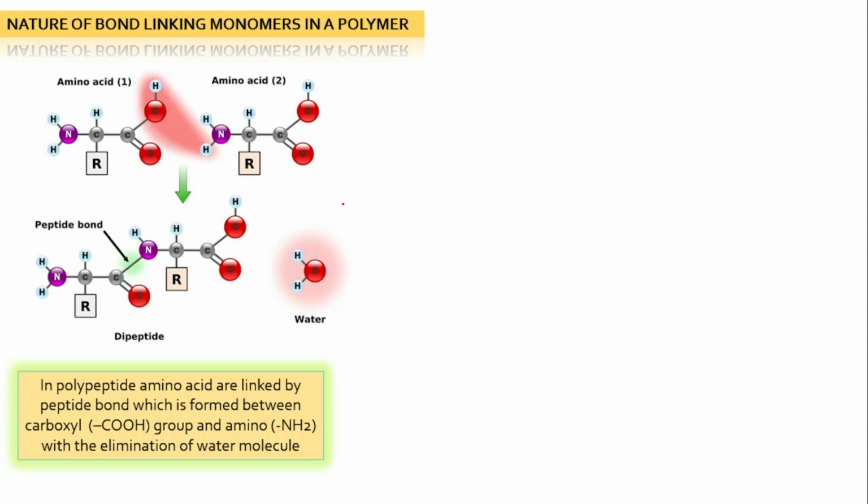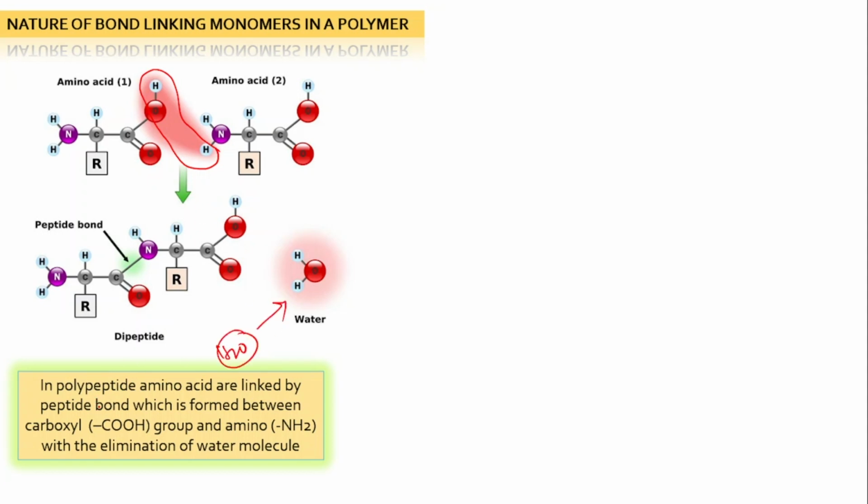Then how does the peptide bonding occur? Here the amine group, the nitrogen, is involved, making a peptide bond between two amino acids. So what is released from this? Water is released.